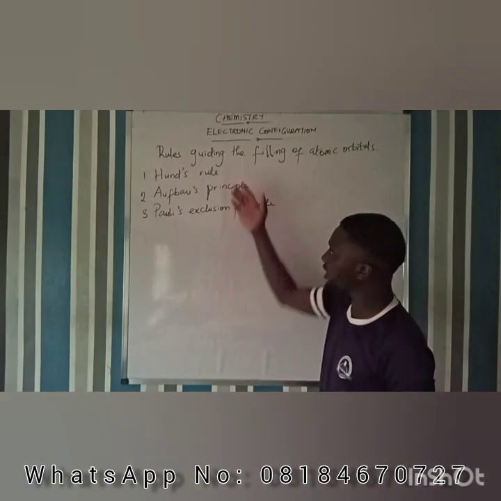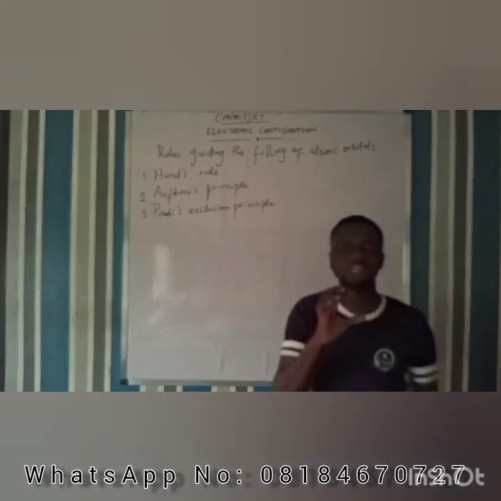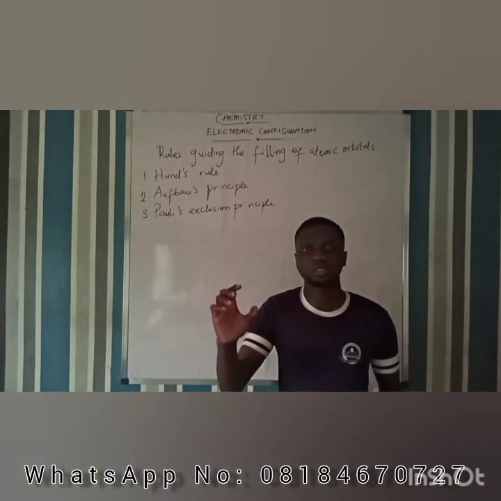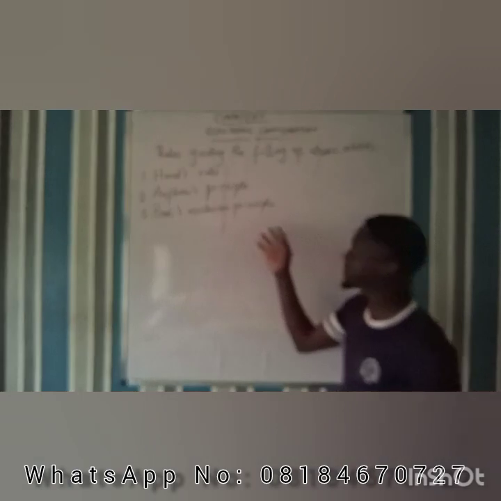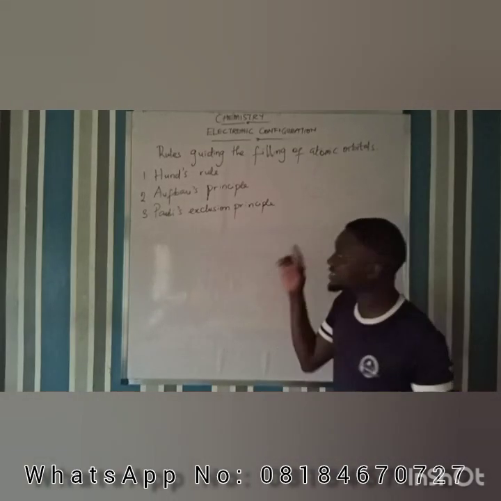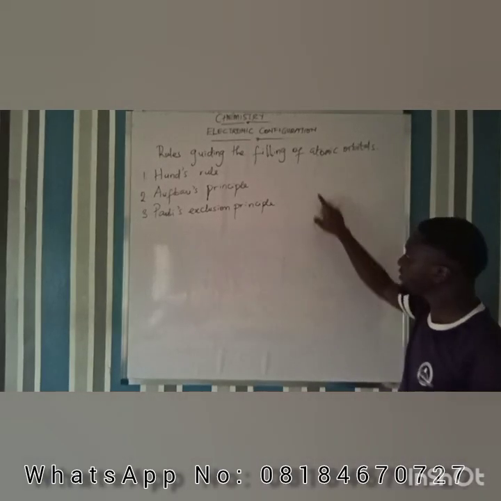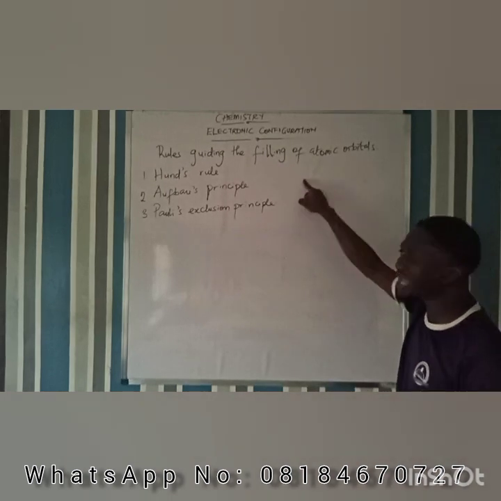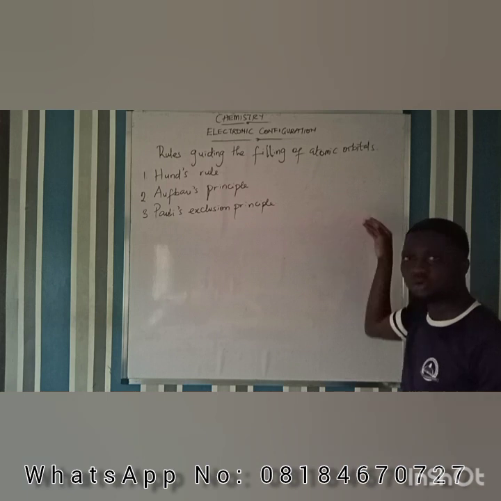And what do these 3 rules state? The first one, Hund's rule, states that in filling of atomic orbitals, you have to fill singly first before pairing occurs. The Aufbau principle states that you have to fill the lower energy level first, that is, the energy levels we had initially, from 1s to 2s to 2p and so on.